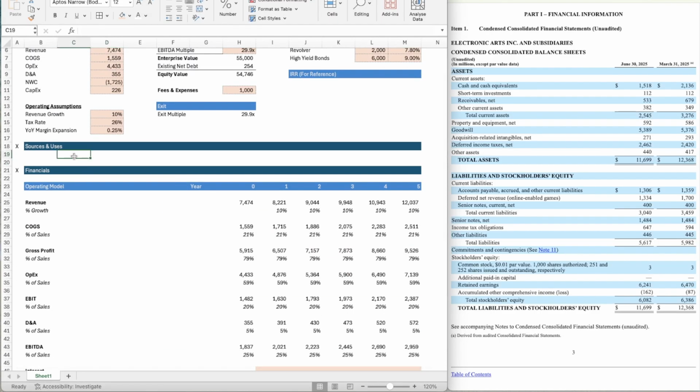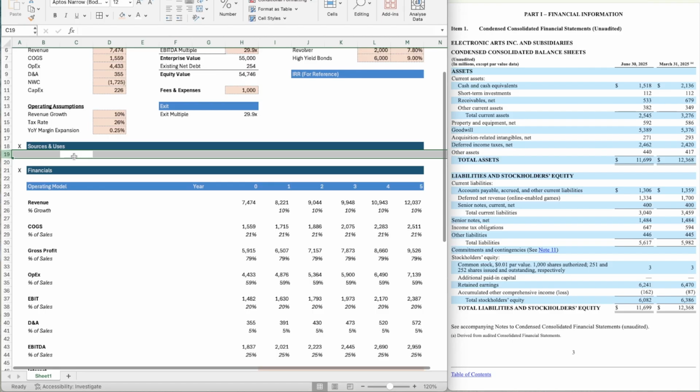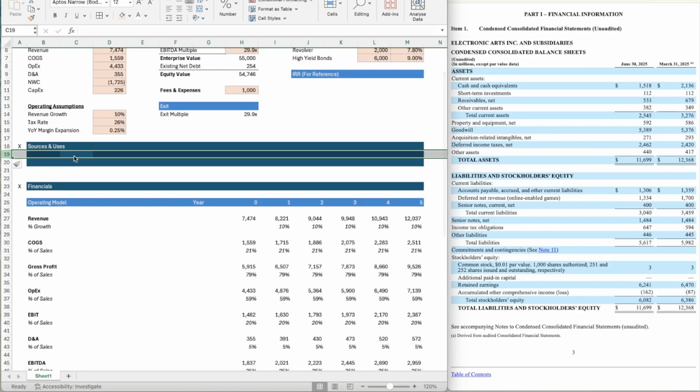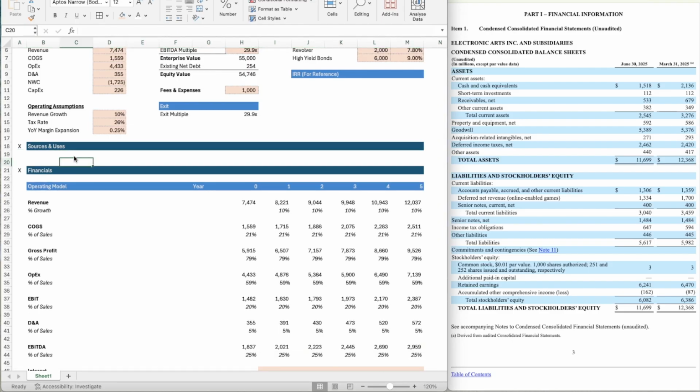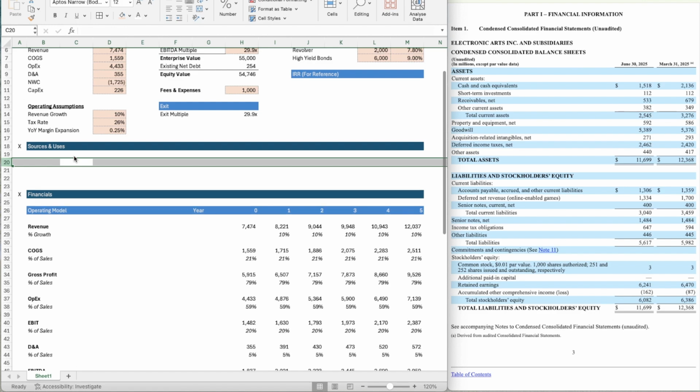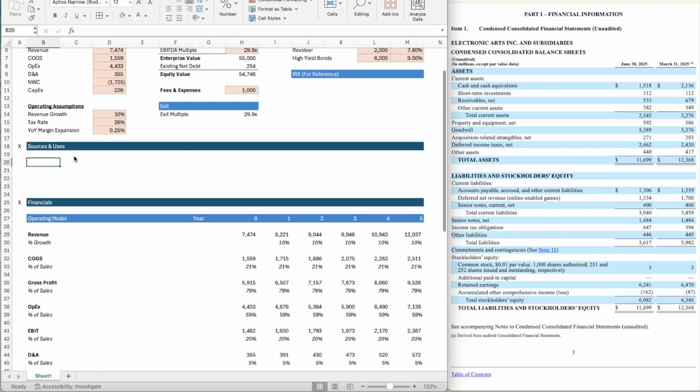Now we have to do the sources and uses, and basically this is where the funds are coming from and what they're being used for, and it has to balance. Let's copy this.